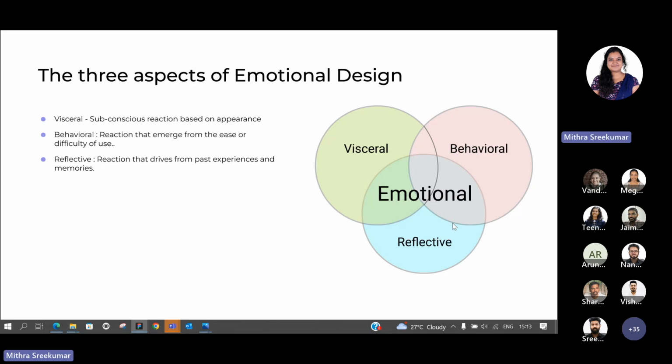And coming to the third one, that is the reflective level. The reflective level is the reaction that derives from past experience and memory, and it also allows the user to think about future experience.